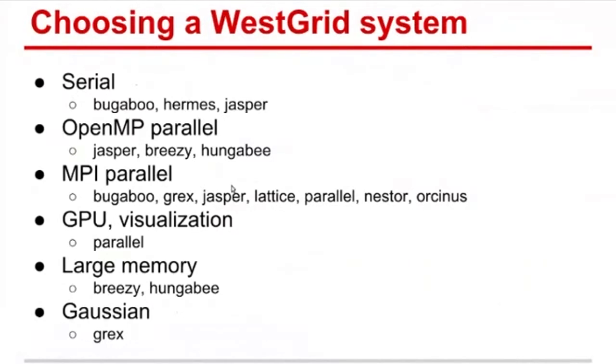We have two large memory machines, Breezy and Hungabee, and so these are used where you need a lot of memory, but also note in addition they can also run OpenMP parallel jobs. And finally, we have Grex, which is specialized for running Gaussian programs.